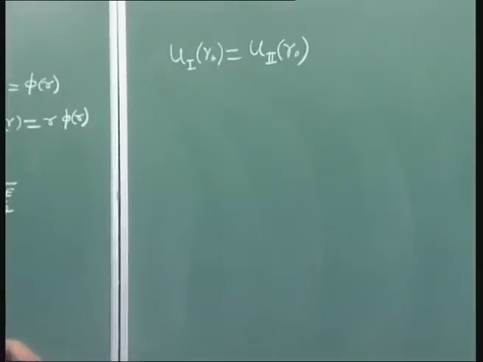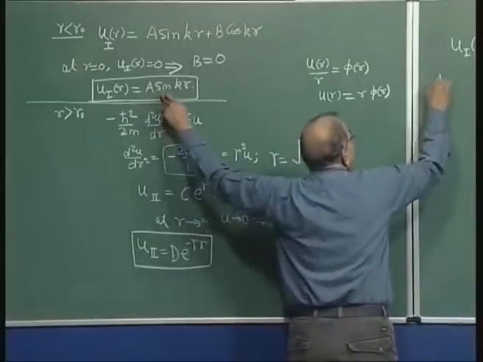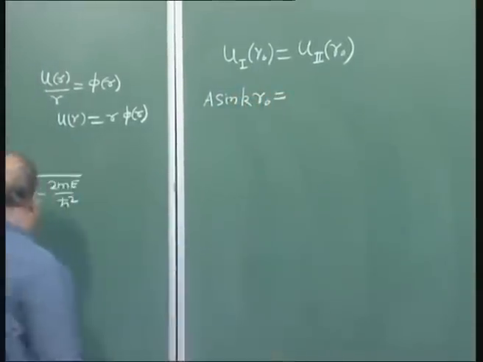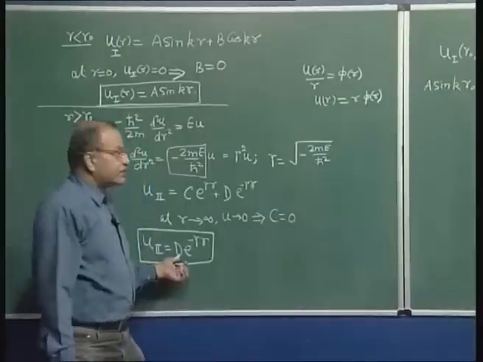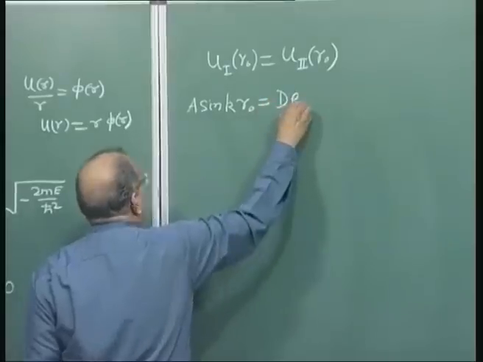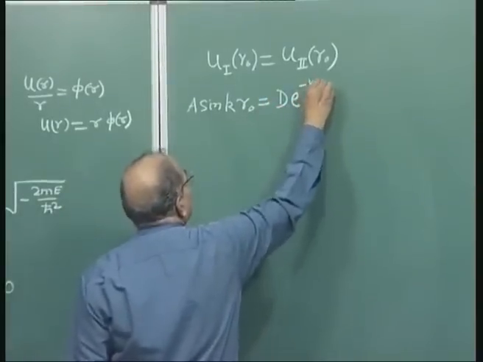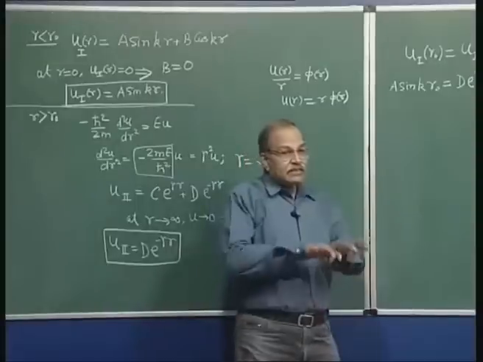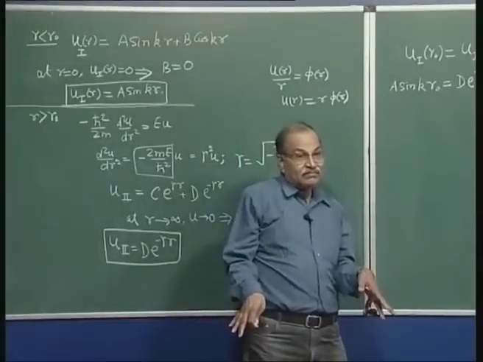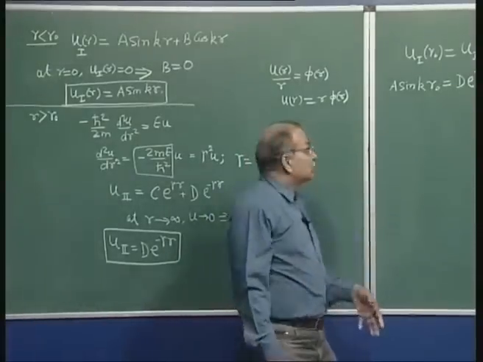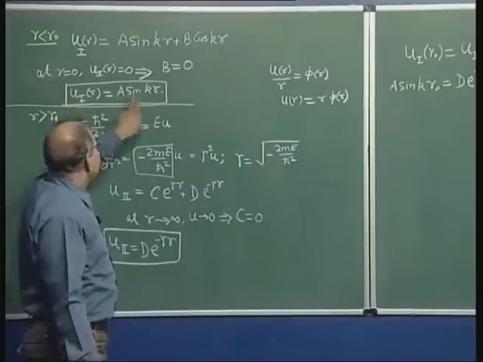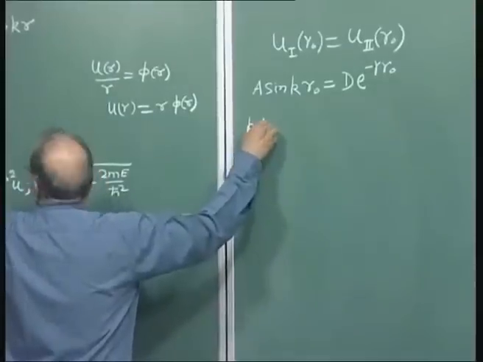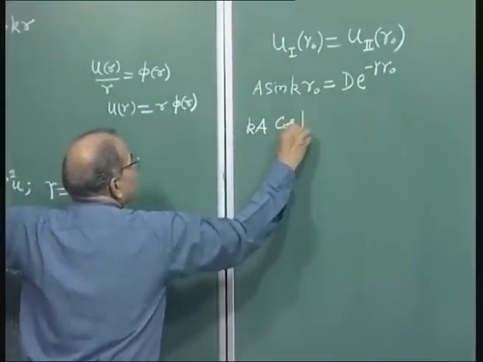U should be continuous. That means a sin k r naught should be equal to d e power minus gamma r naught. And similarly, the slope must be continuous, du dr should be the same. So, du dr from here will be k a cosine k r naught.